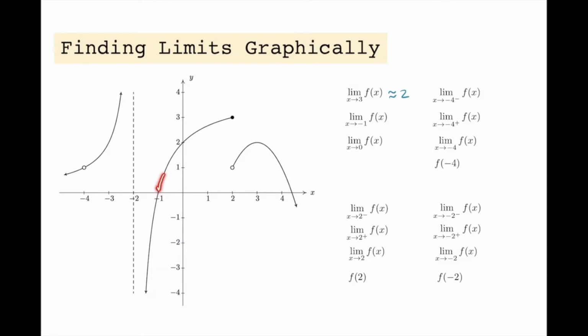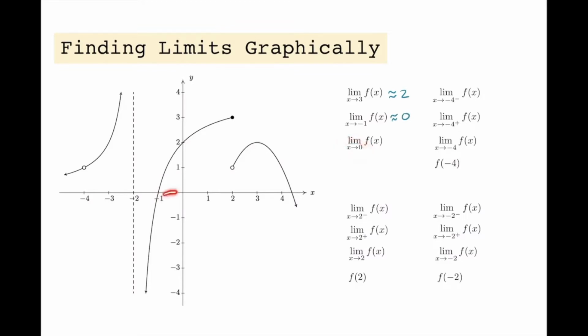It looks like it's heading towards this point here on the x-axis when x is -1 from both directions, and it actually does hit that point, although that doesn't matter for the limit. Now the y value on the x-axis, the height, you're not going up or down, so that y value there is equal to 0.